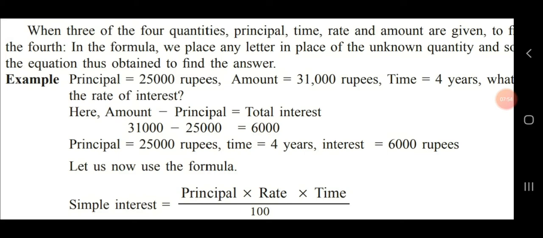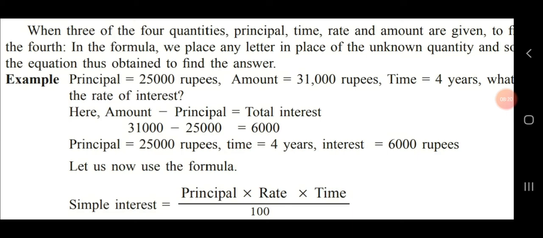Here, if we see in the formula, I is equal to P into R into T divided by 100, rate is unknown to us and simple interest is also unknown to us. So directly we can't use that formula because two quantities are unknown. That's why first we have to calculate interest, and we can calculate that with the help of the formula: amount is equal to principal plus total interest.